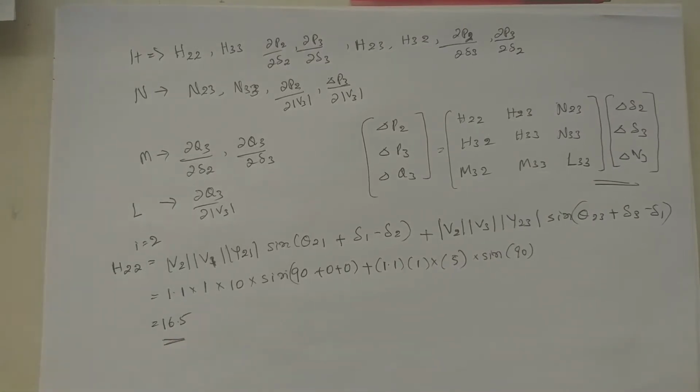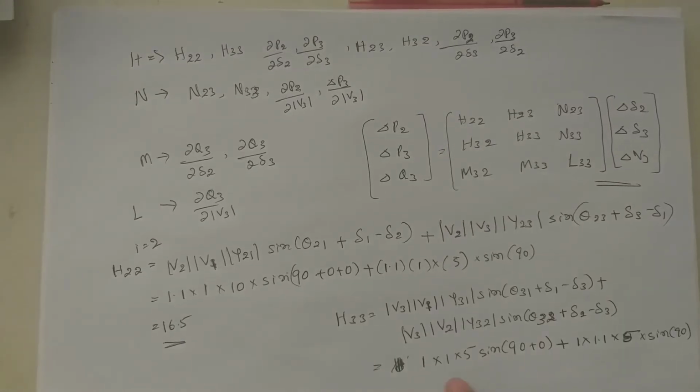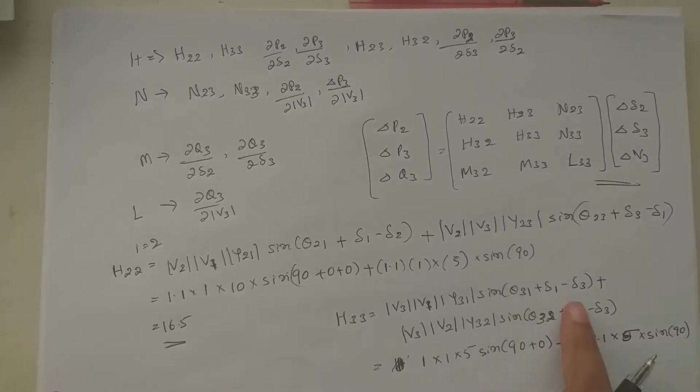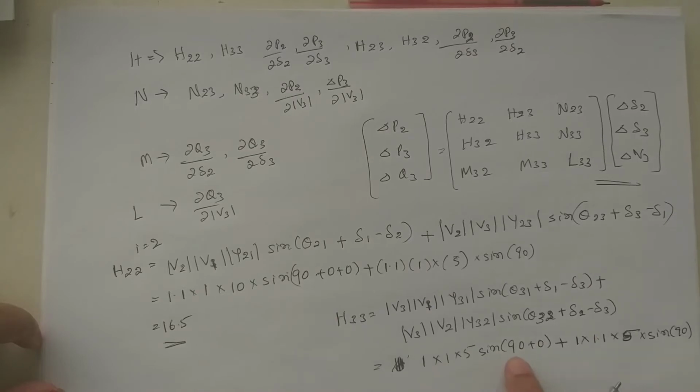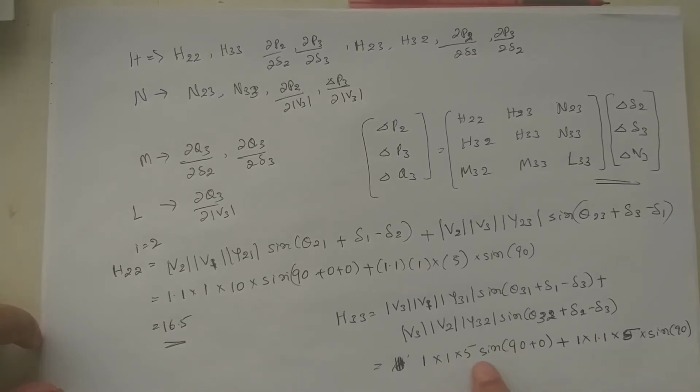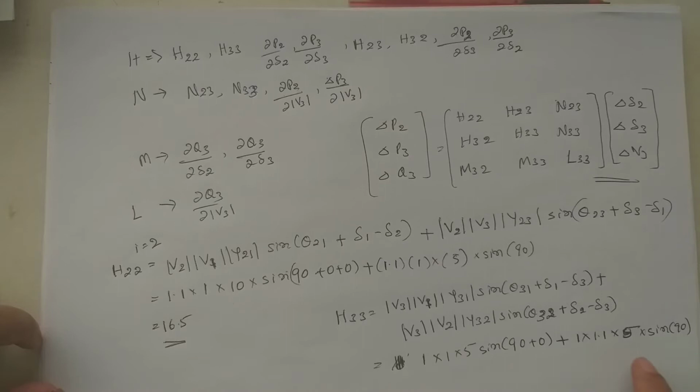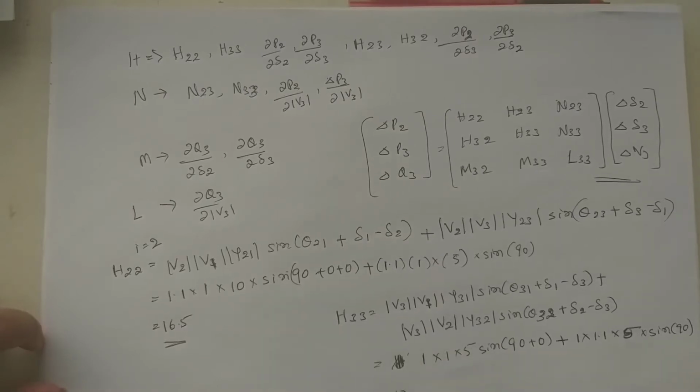Similarly, H33 can be calculated. V3 is 1, V1 is 1, Y31 is 5, sin 90 plus 0 minus 0 is 0, plus 1 into 1.1 into 5 sin 90 plus 0. Sin 90 is 1, so 5 plus 5.5, we get 10.5.